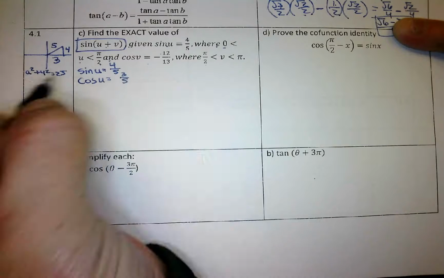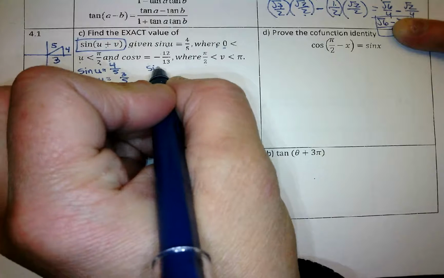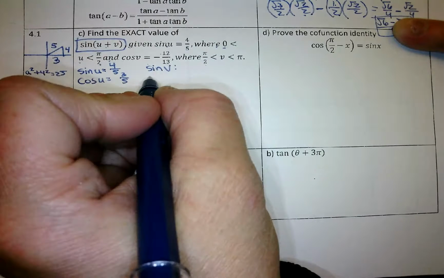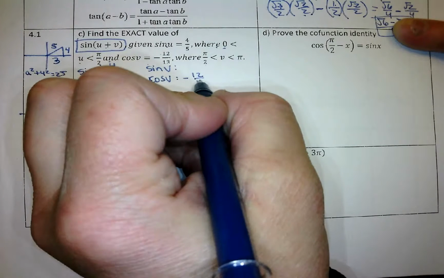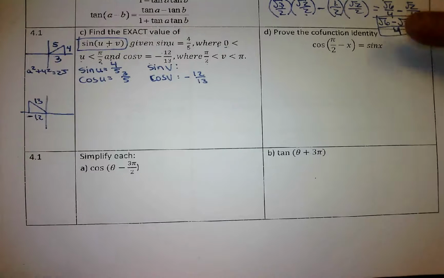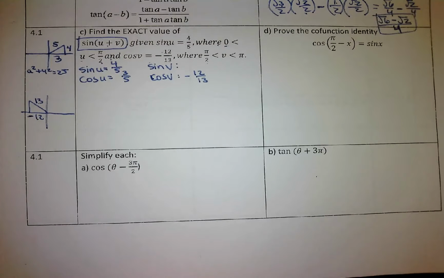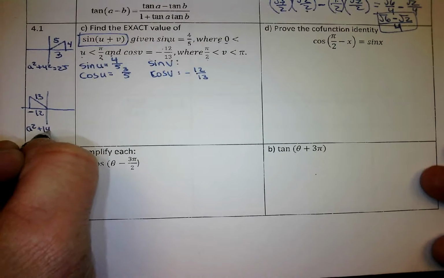Now we need to do the same thing for our v. We already know cosine of v equals negative 12 over 13. There's our 12, there's our 13. So we need to solve. I'm going to say a squared plus 144 equals 169.